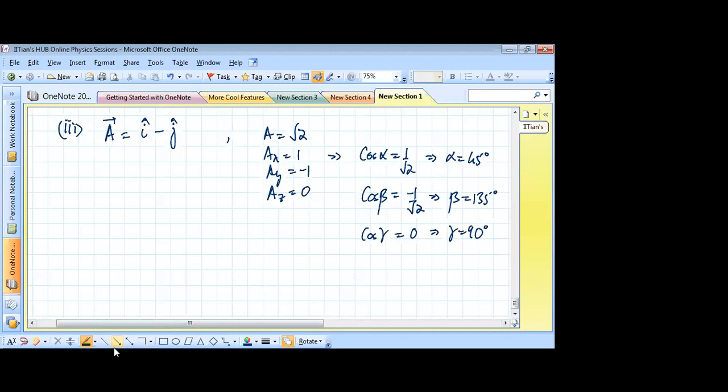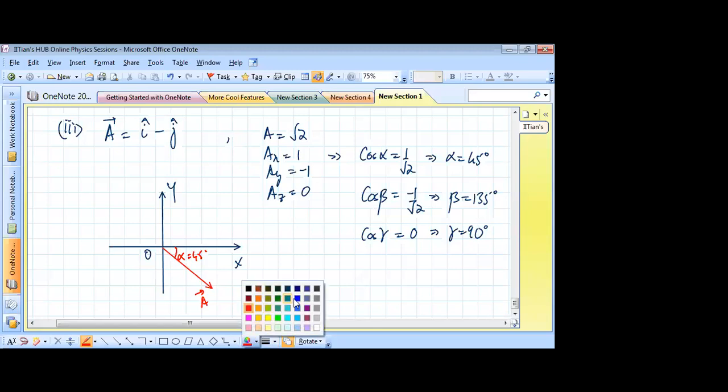So you can see that if you draw the vector of the third one, it is lying in the xy plane. So it will be like this. So alpha is 45 degrees, but beta is the angle made with the y-axis.